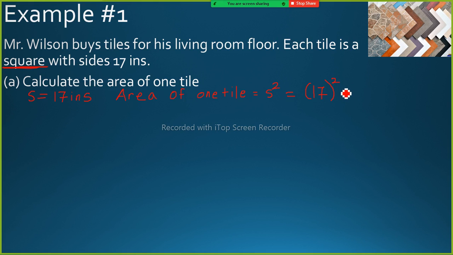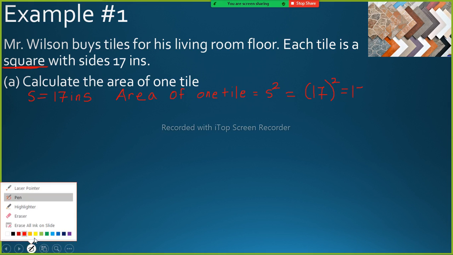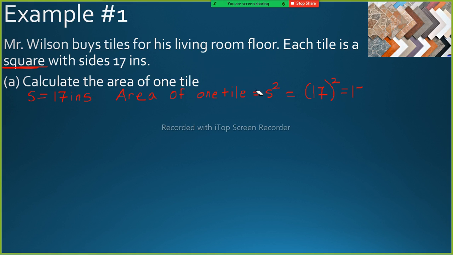And 17 squared is the same thing as what? 17 times 17. Oh, by the way, remember it's 17 inches, so let's not forget that. So it's 17 inches squared. And what that is, is 17 times 17.